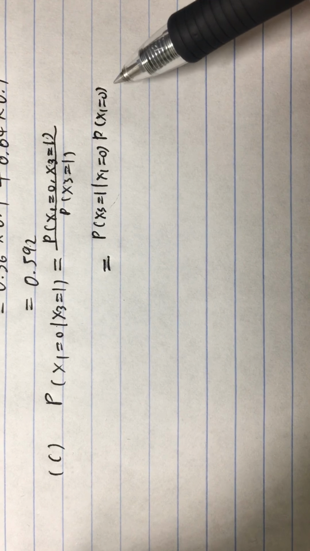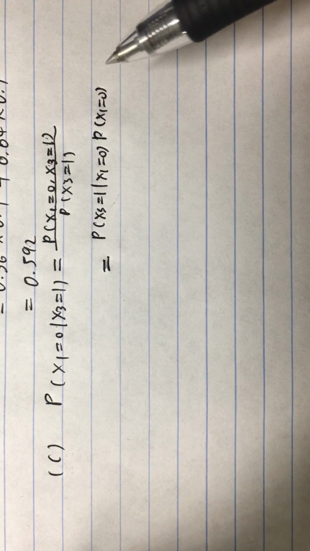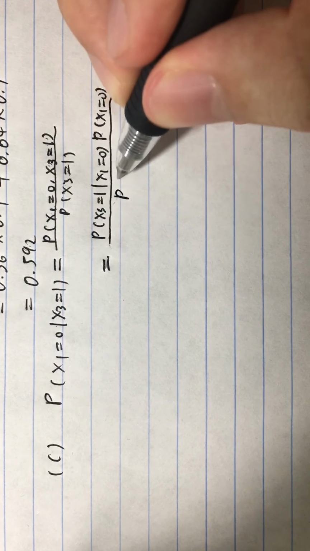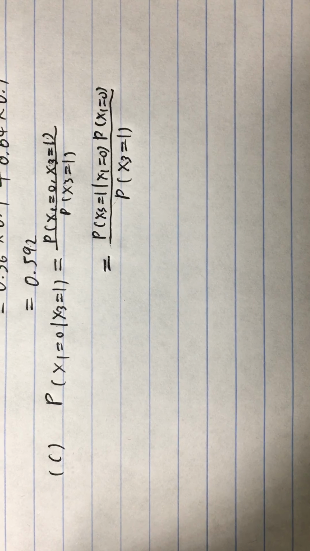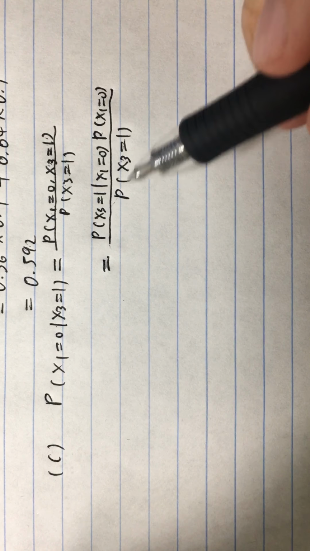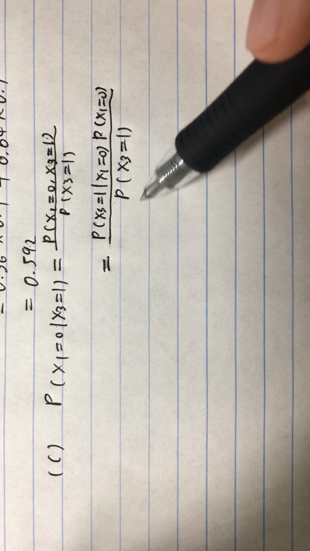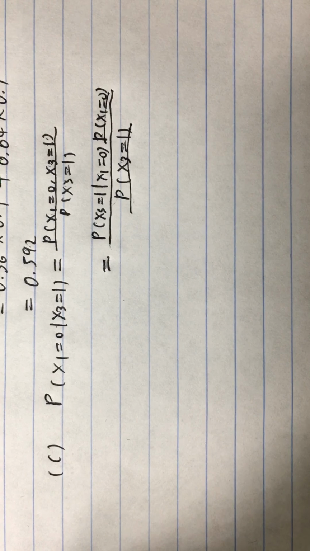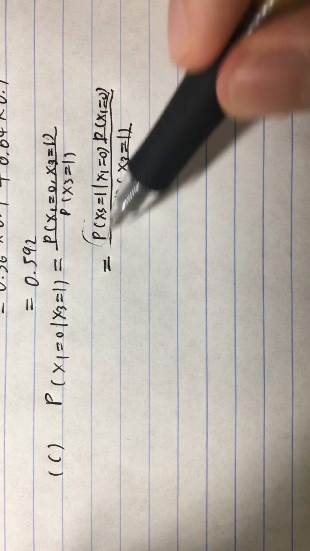This is the reverse use of the definition of the conditional probability, and then over the probability x3 equals 1. So in this function, we know this probability and this probability. The only one we need to get is this.